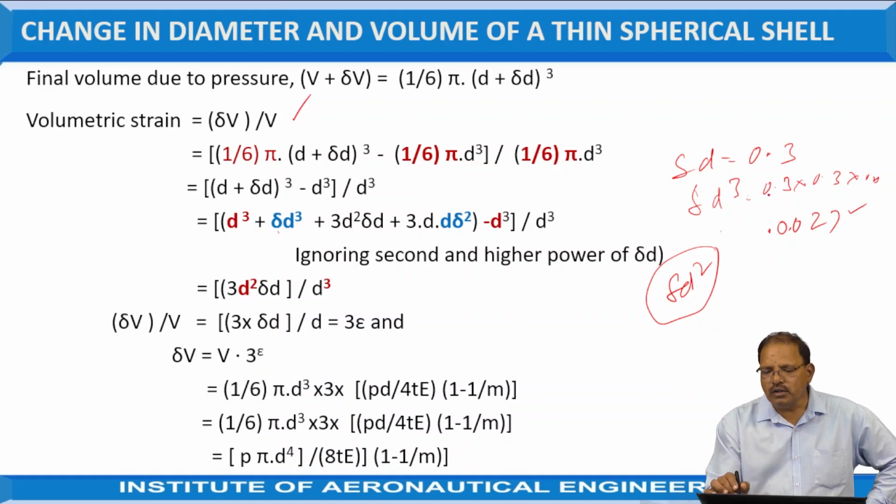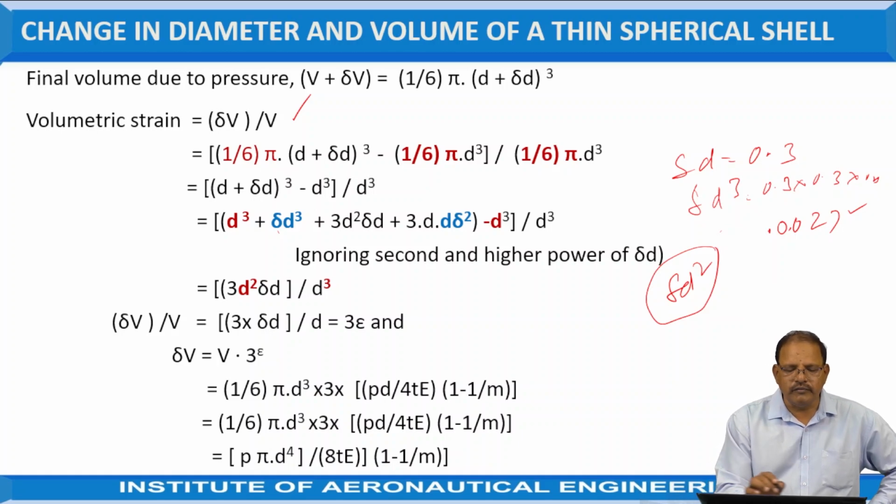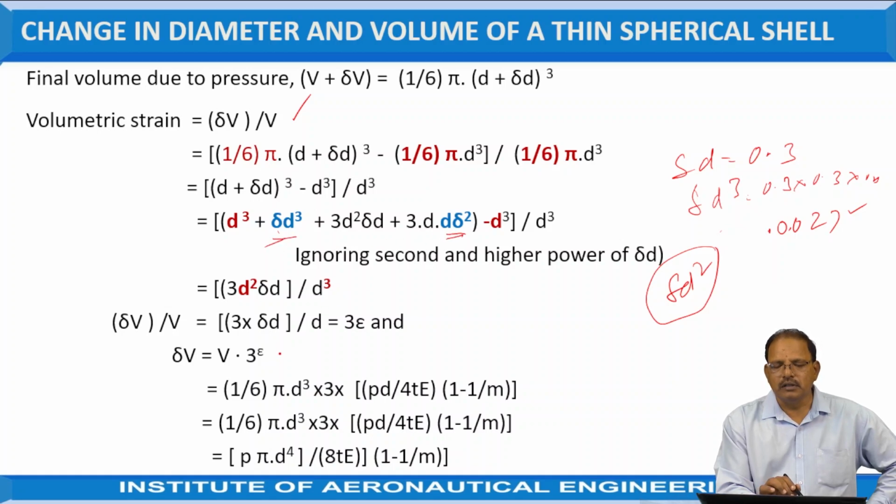So on simplification, by deleting the approximate values which are very small, the delta D cube and delta D square terms are deleted. Moreover, the D cube terms are of opposite sign and cancel.